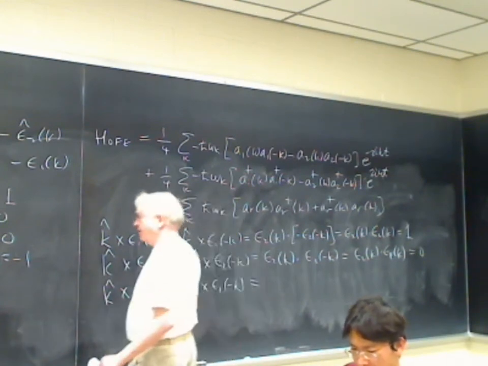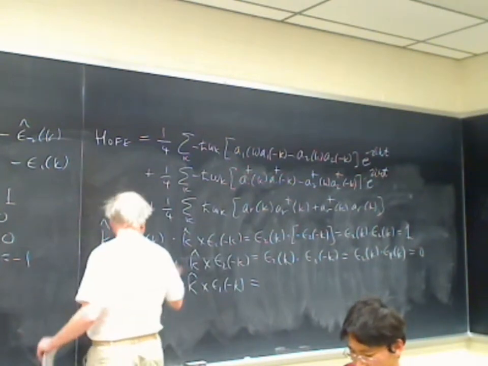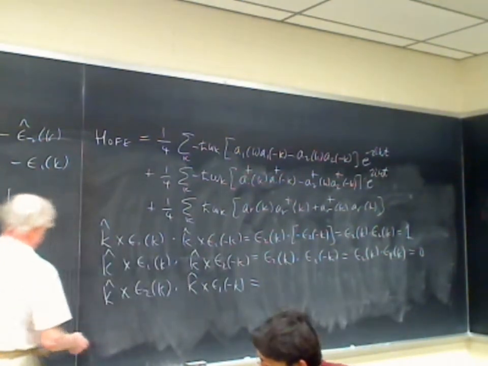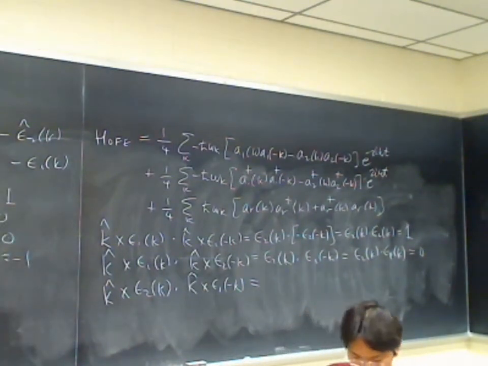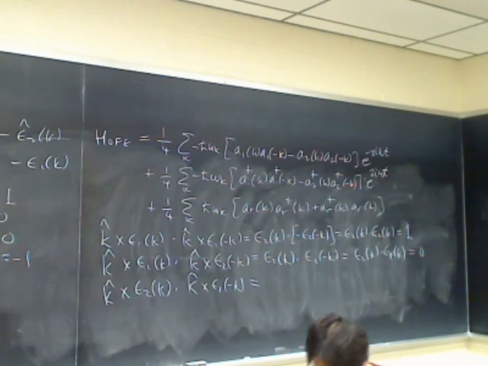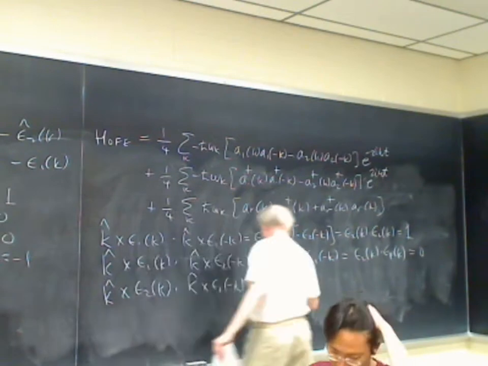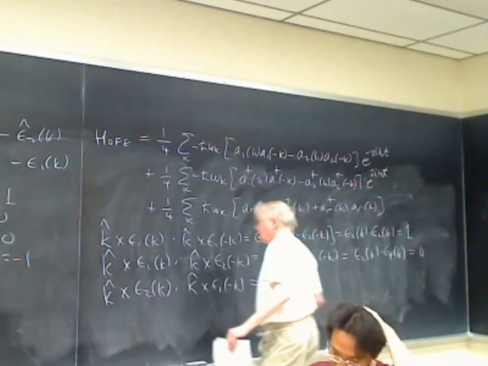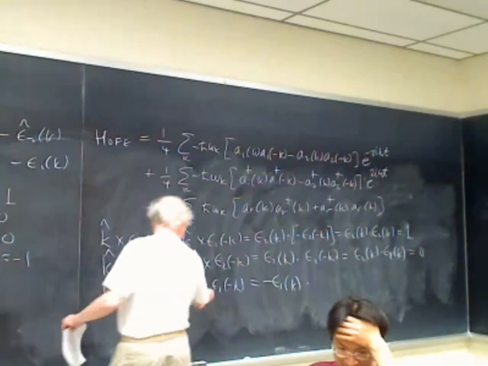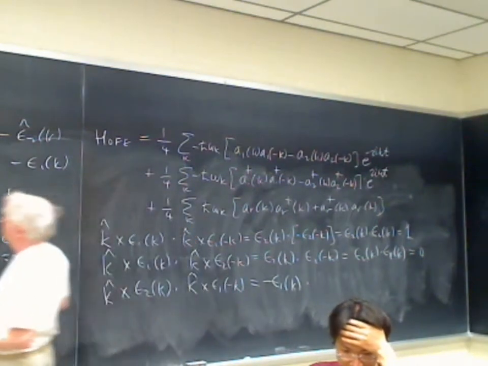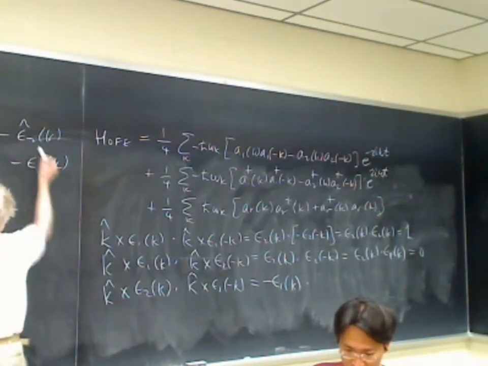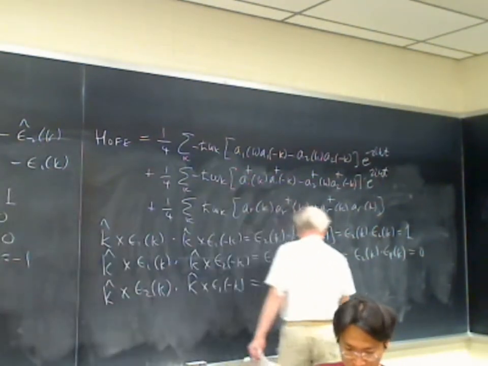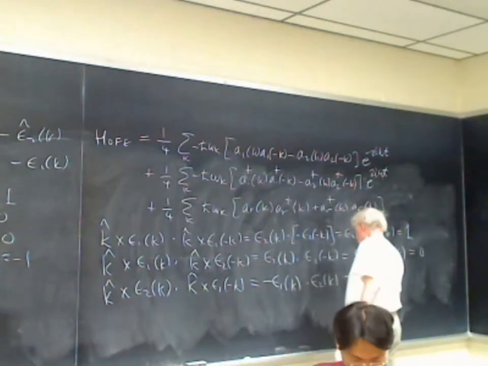Well, let me just do this one explicitly because I might have gone too fast for the others. So we got k cross epsilon 2 of k is minus epsilon 1. And k cross epsilon 1 of minus k is going to be epsilon 2 of k. In any case, it's 0.